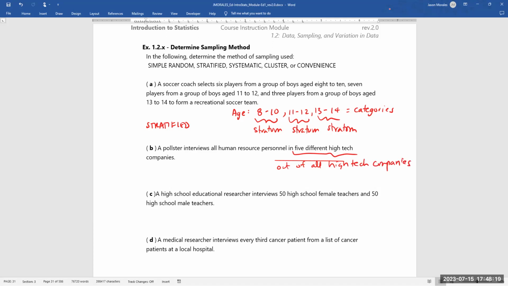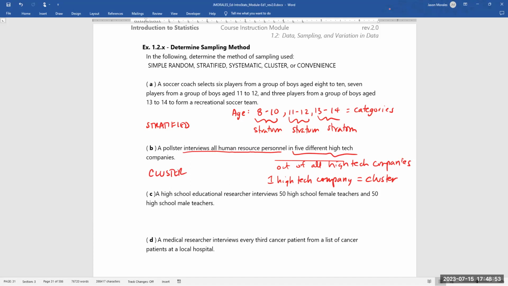And so one high-tech company would be considered a cluster. And once you've selected one company or one cluster, then you would get interviews from all people inside that company or inside that cluster in the human resources department. So this is an example of a cluster random sample.